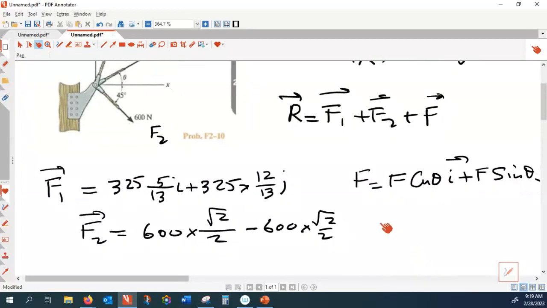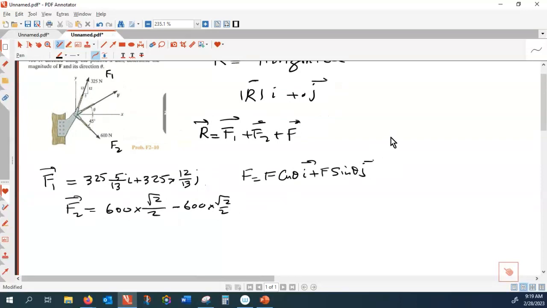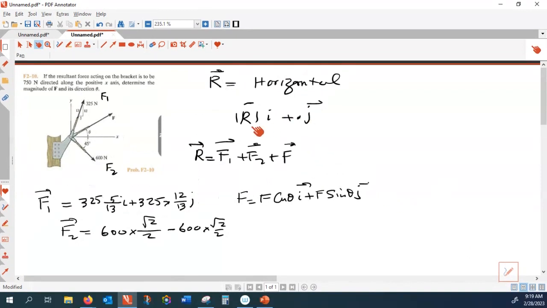So I think here, because I know the resultant is horizontal, I can write a very convenient equation. So I'm going to write, just correct me if I'm wrong. Because this resultant only has a horizontal component, I only add the j components and put that equal to 0.